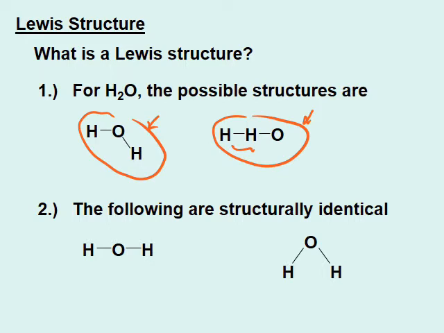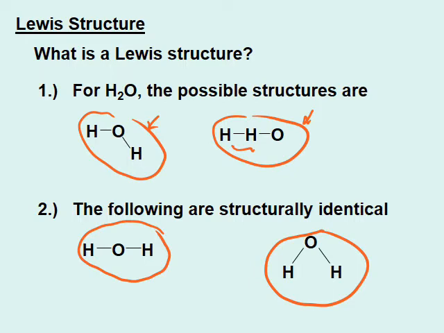In the second example, you see that two hydrogens are bonded to oxygen, and on the right hand side also we see there are two hydrogens bonded to oxygen. So structurally these two are identical, but they don't look the same. Now what is different in this case? Shape is different.